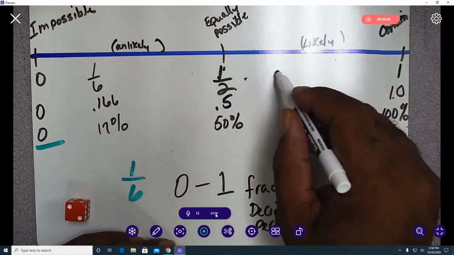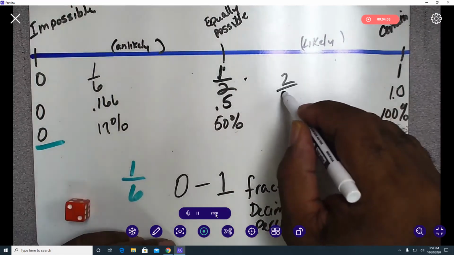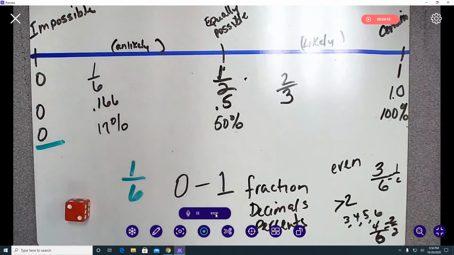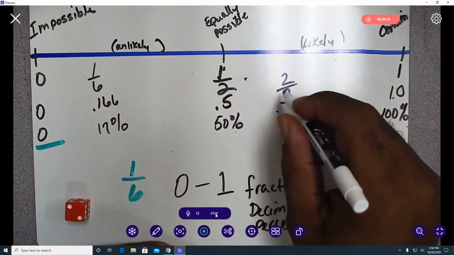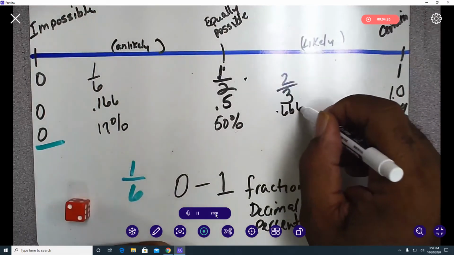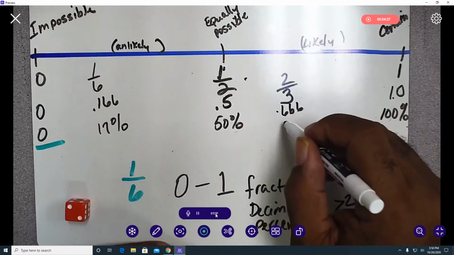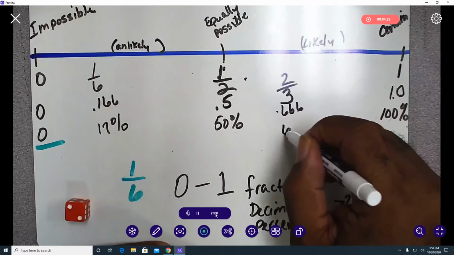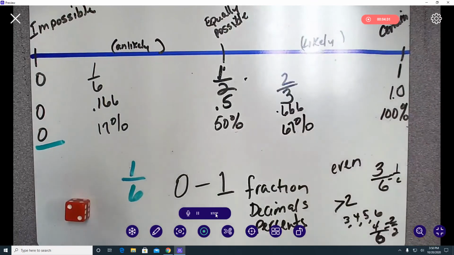We know 2/3 is larger than 1/2. 2/3 as a decimal is 0.666, and as a percent, it would be 67%, because we would round it. So that would be likely. It's closer to likely.